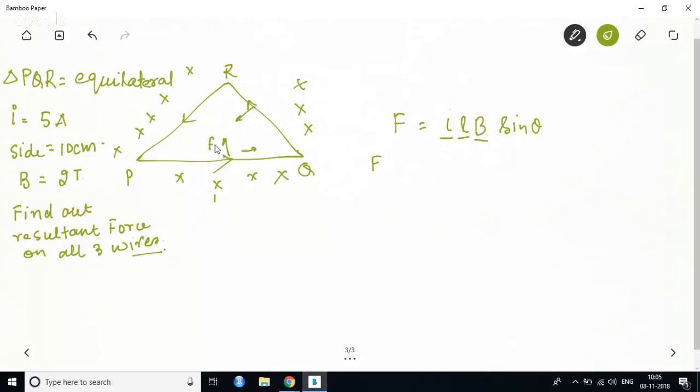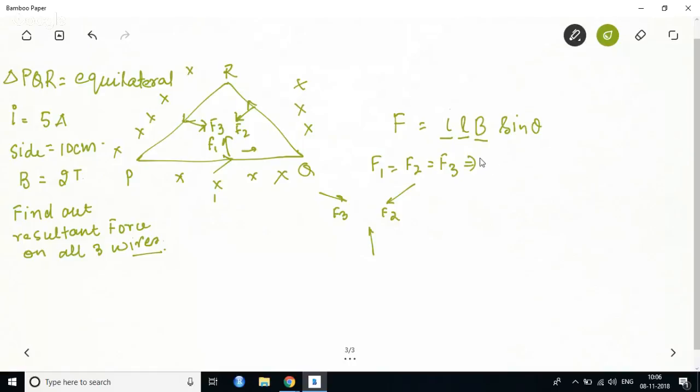Suppose this is F1, this is F2 and this is F3. This would be direction of F1, F2 and F3. So F1 would be like this, F3 would be like this, and F2 would be like this. Magnitude of F1, F2, F3 will be equal. Why? Because I is equal, L is equal, and B is equal.